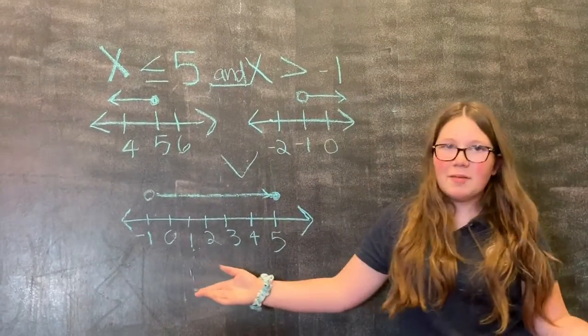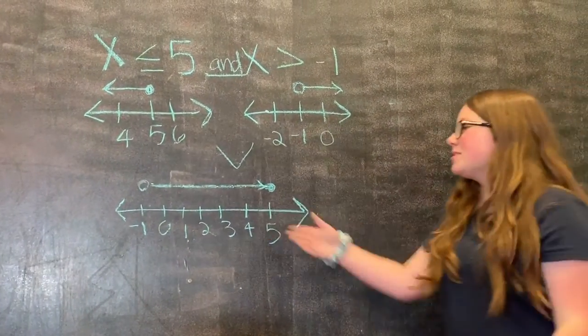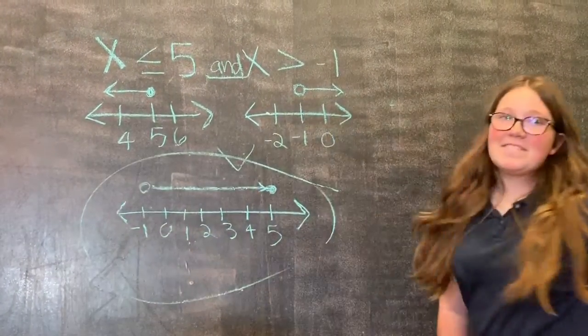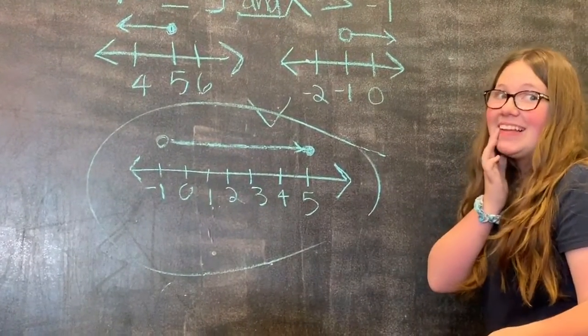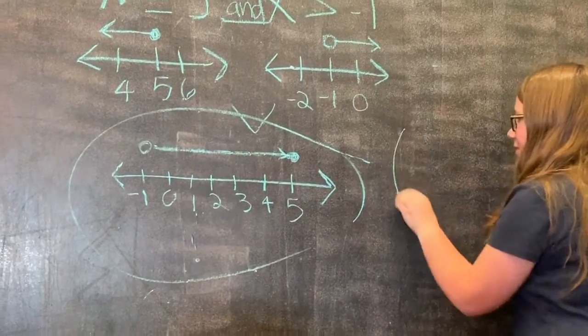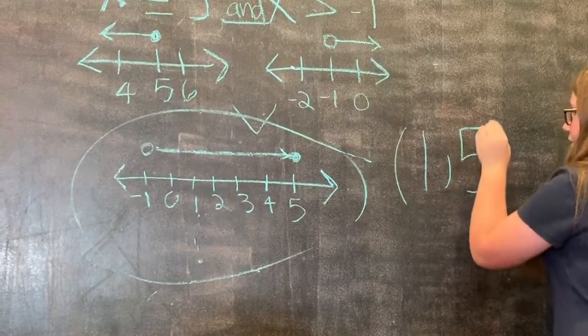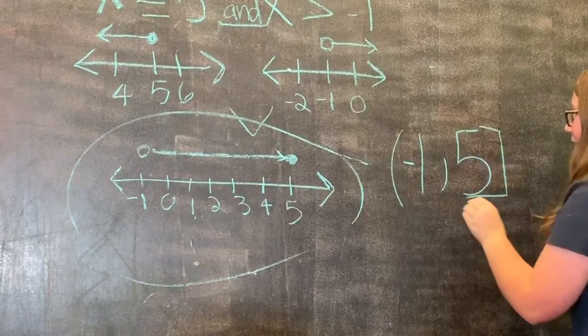But it has to satisfy both, so it can't go past -1 or past 5. So this is your final answer. So then the interval notation will be parentheses -1, comma, 5.